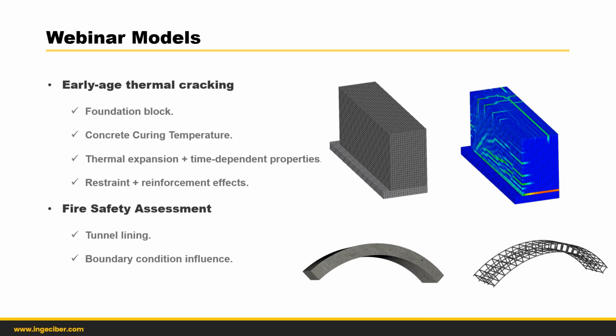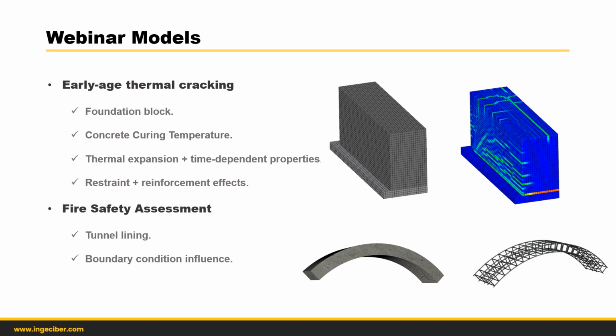Yes. We are going to see today two examples, as Ronald said. The first example is the early age thermal cracking on a foundation block, as you can see here. In this foundation block, we'll have the concrete curing temperature, the heat that is generated by concrete maturing, and we'll have the thermal expansion of this concrete block plus time-dependent properties.